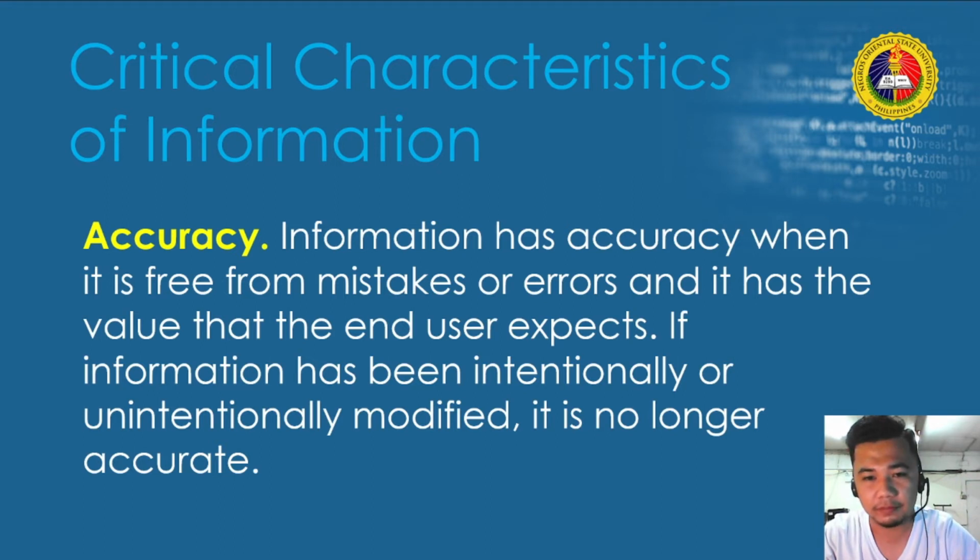So for example, if nasayop ang imong bank information, if it doesn't coincide with exactly the amount of your bank account, do you think musalig pa ka sa banko mismo? I don't think so. Okay, so again, that is one of the critical characteristics of information. It's accuracy. Information must be accurate.